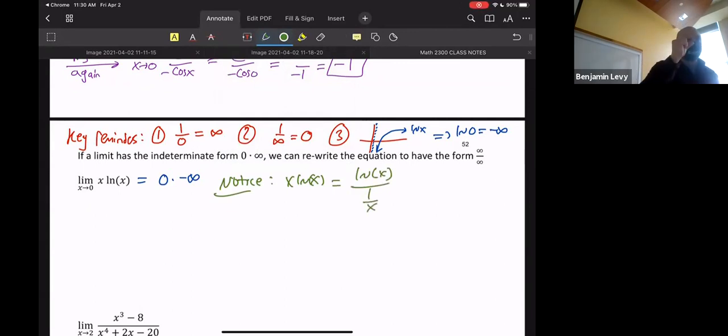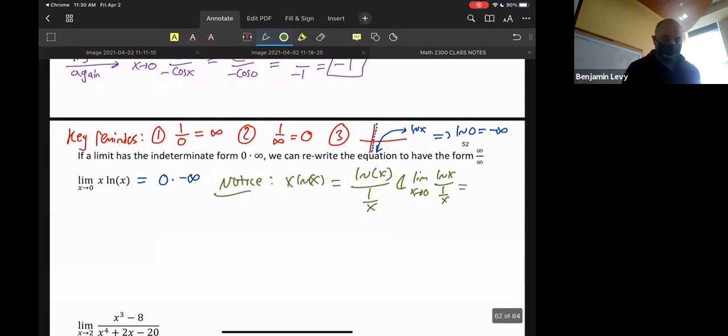I just take the x and instead make it 1 over x and divide, because if you were simplifying that, you'd flip the thing on the bottom and then multiply it. If we did this limit as x goes to 0, ln of x is infinity, and 1 over 0, because of the reminder at the top there, is also infinity. So this would be an infinity over infinity thing.